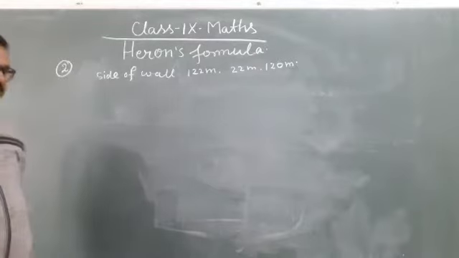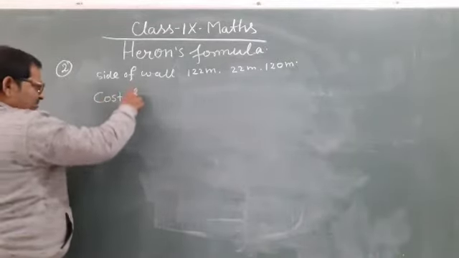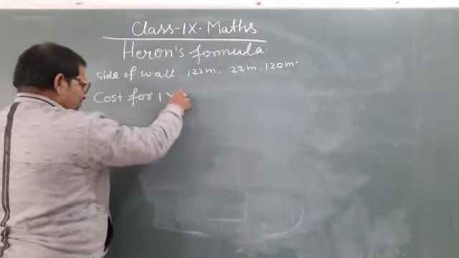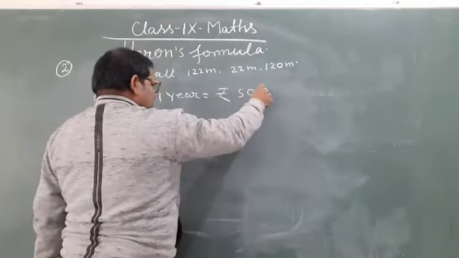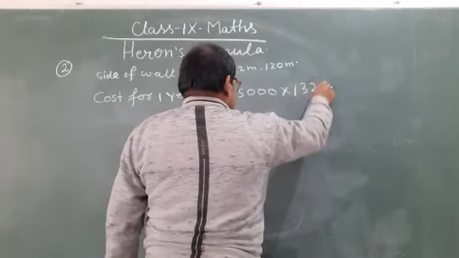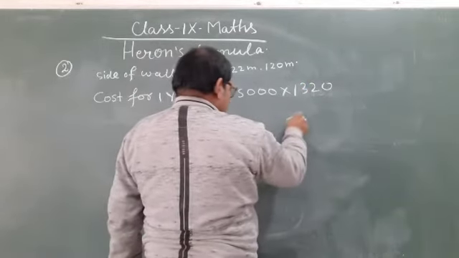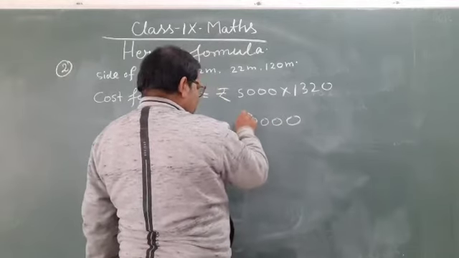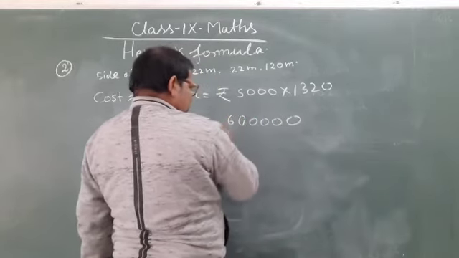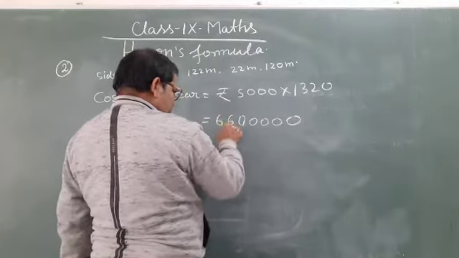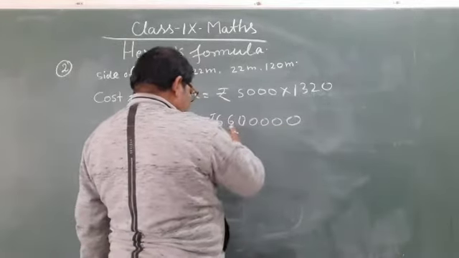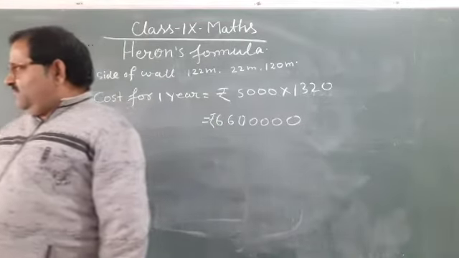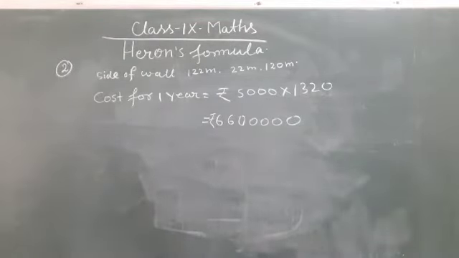Cost for 1 year: rupees 5,000 into 1320, equal to 66 lakhs.